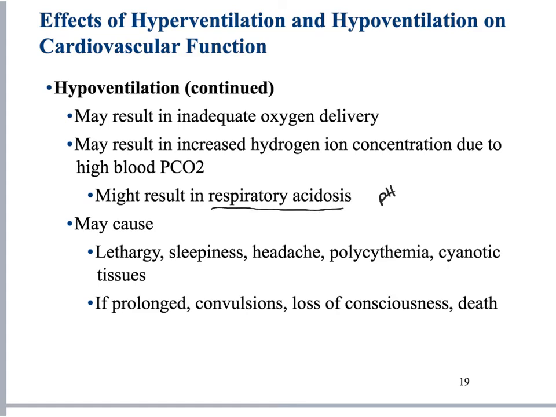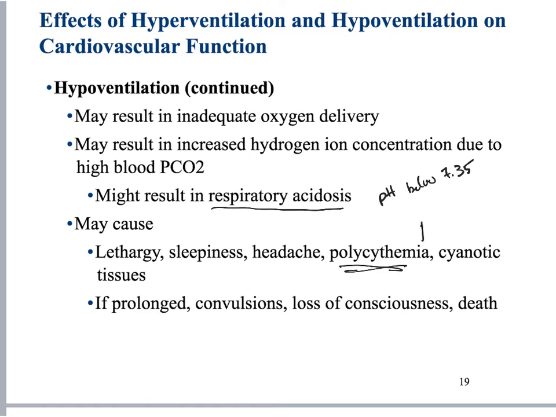This is when the pH of the blood goes below 7.35. Because you have increased CO2 in the blood, which leads to increased hydrogen ions in the blood and leads to acidosis. Some symptoms of that: lethargy, sleepiness, headache, polycythemia.